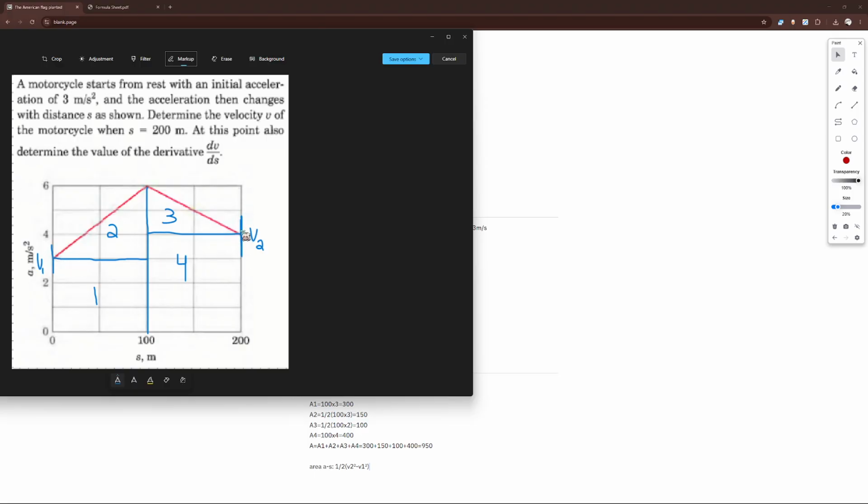It's like this. The area is like that. But v1 squared is 0. There's no velocity at v1.